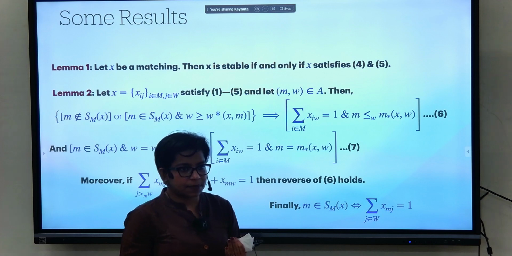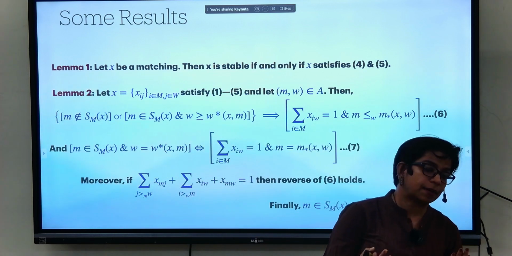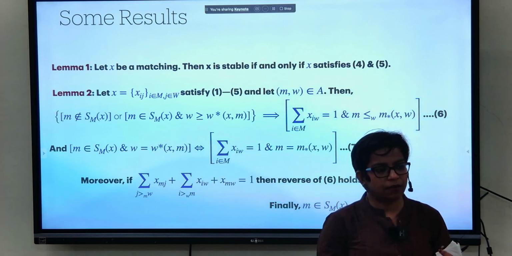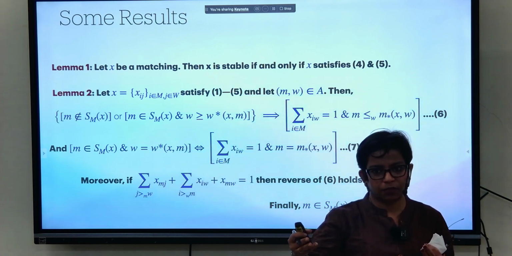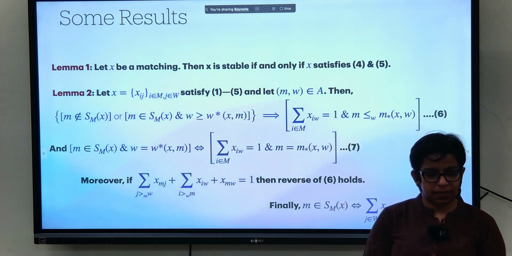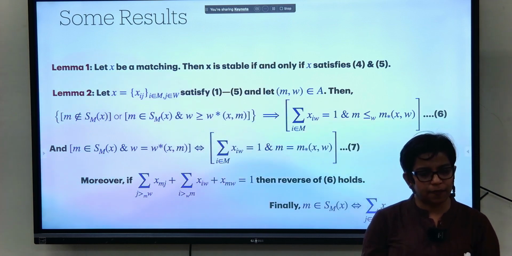Now notice, this is said when you might have some unacceptable pairs, not the traditional Gale-Shapley setting where everybody ranks everybody from the opposite side. So if that were to be the case where there are no unacceptable partners, can we say something more here?